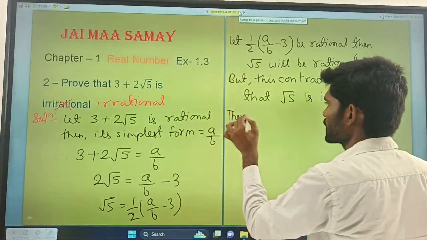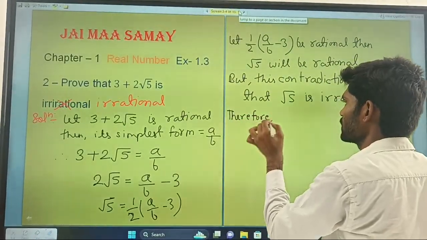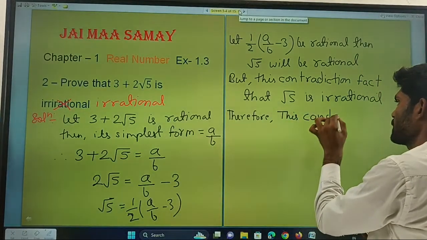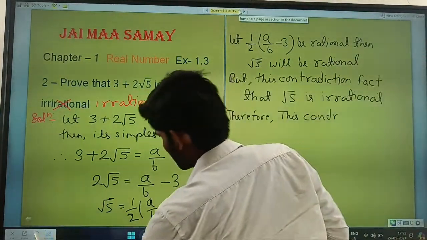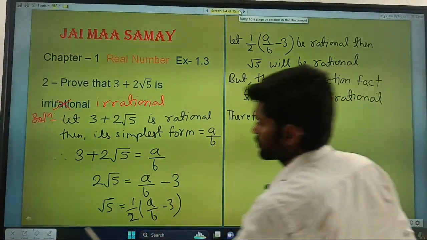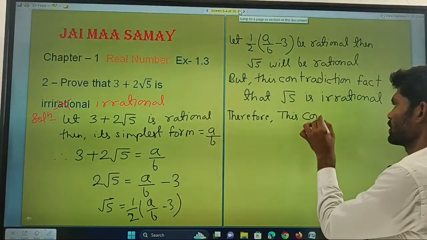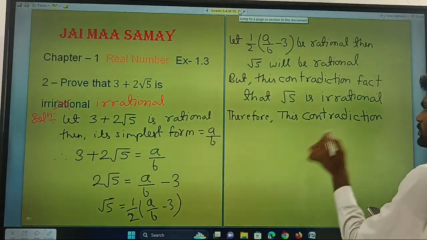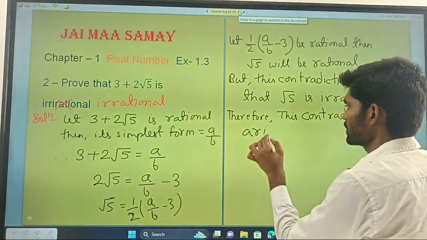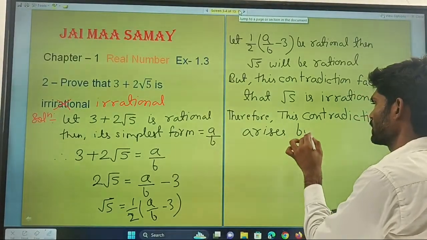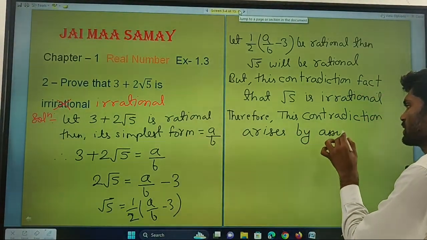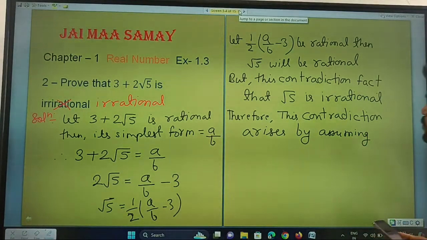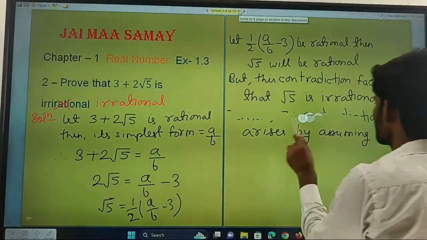Therefore, this contradiction arises by assuming that, the very start statement you write.